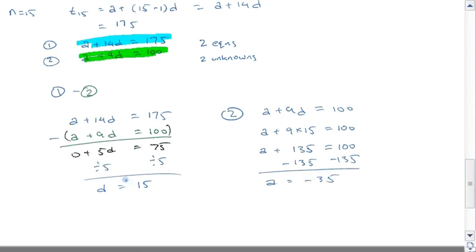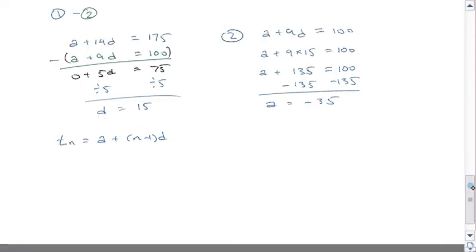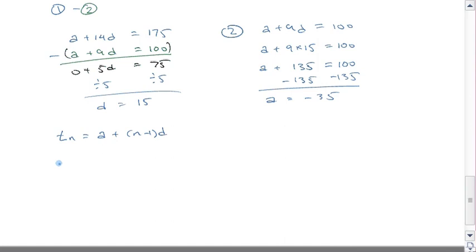So now we know d and we know a, so we can plug them into that equation, Tn is equal to a plus (n minus 1)d, and find that equation Tn. So Tn, a is negative 35, plus (n minus 1) times d, which was 15.